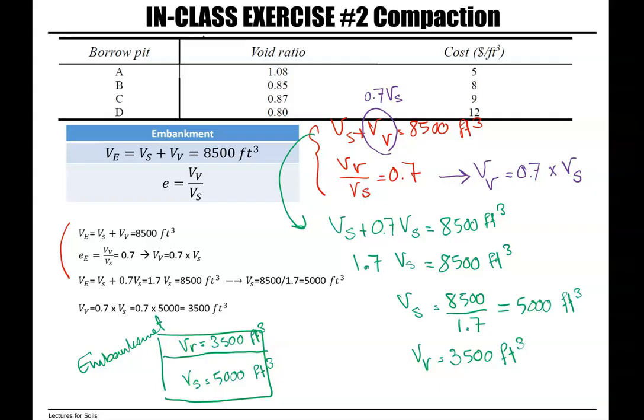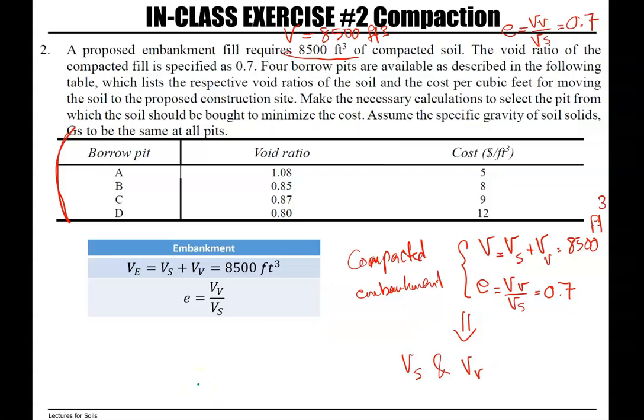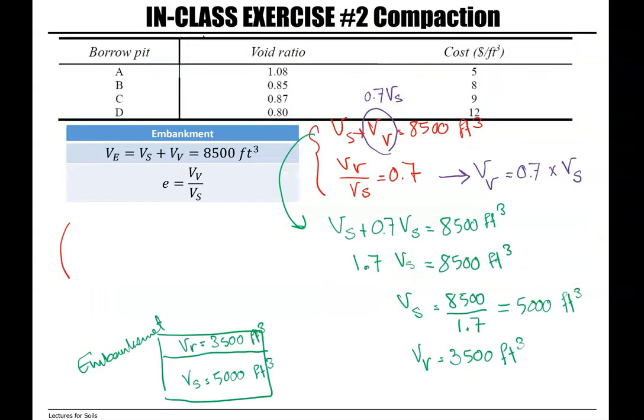Why do we need to do this? Because this will be constant. Because the question told us, assume that the specific gravity of soil solids from all of these pits are the same as embankments. So assume the specific gravity of soil solids to be the same at all pits. What does that mean?